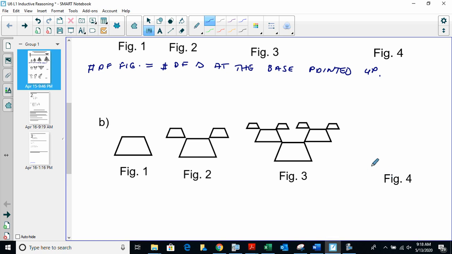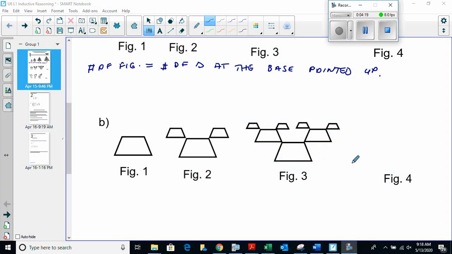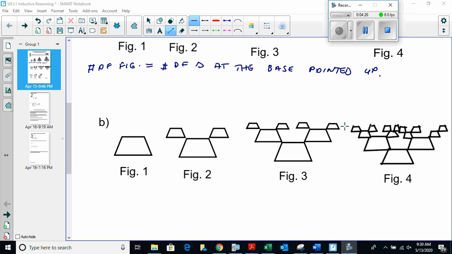And now I will get off the video and draw figure 4 so you can see. Okay, so figure 4 will look something like this. First a trapezoid, and then on each of them 2 trapezoids, and on each of those 2 trapezoids, and on each of those 2 trapezoids.